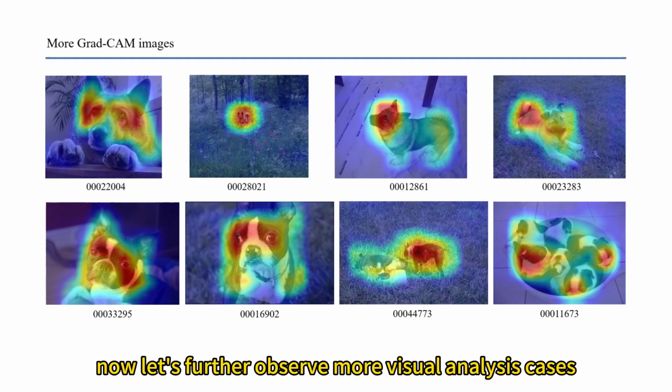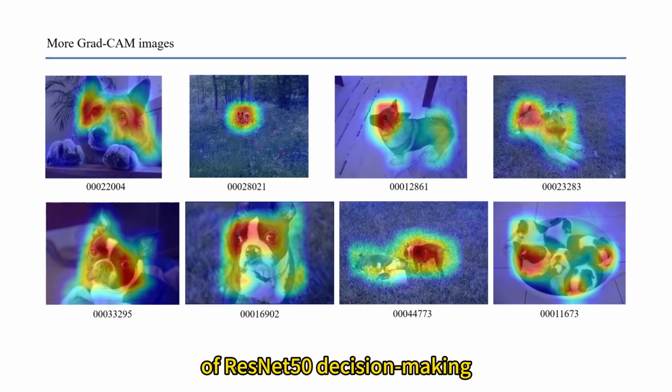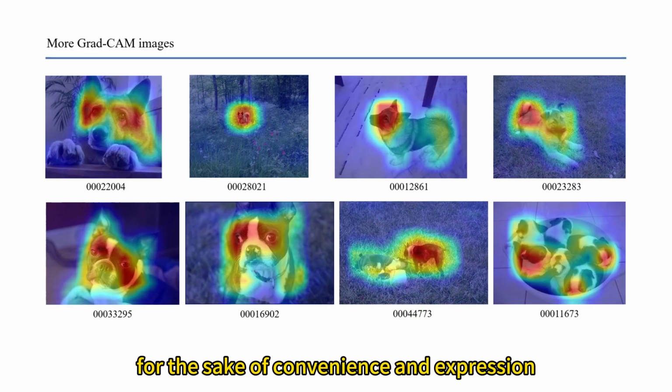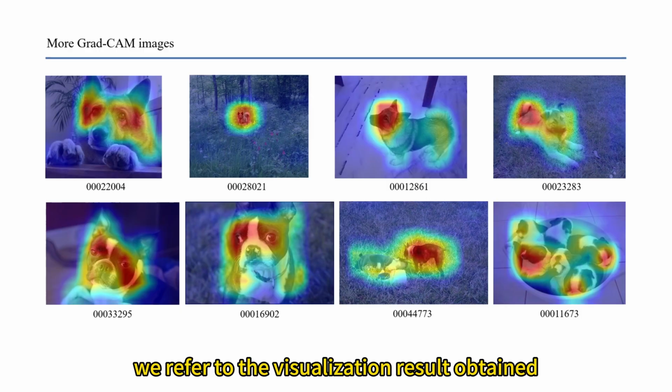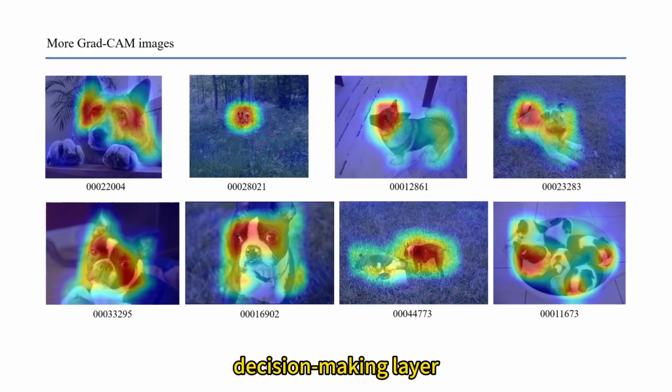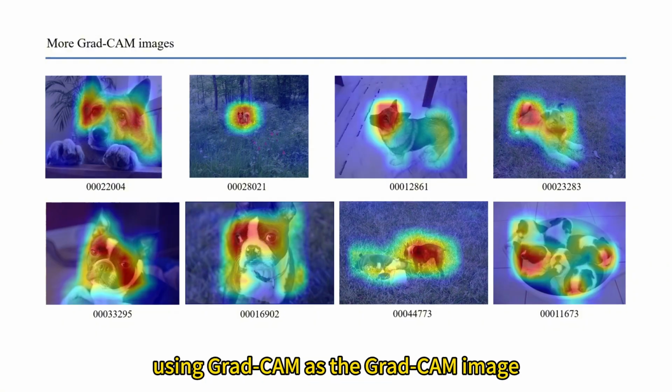Now, let's further observe more visual analysis cases of ResNet 50 decision-making. The images in the cases are all taken from the ImageNet val set. For convenience of expression, we refer to the visualization result obtained after analyzing the ResNet 50 decision-making layer using Grad-CAM as the Grad-CAM image.